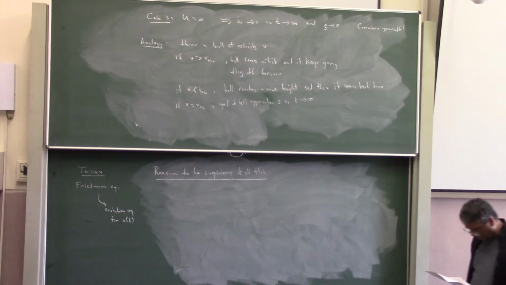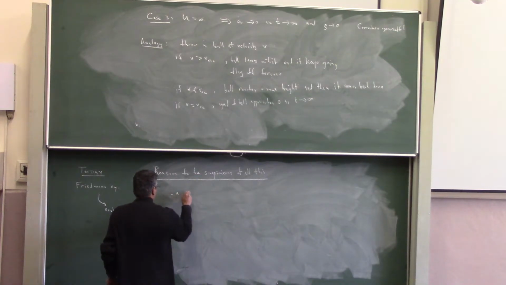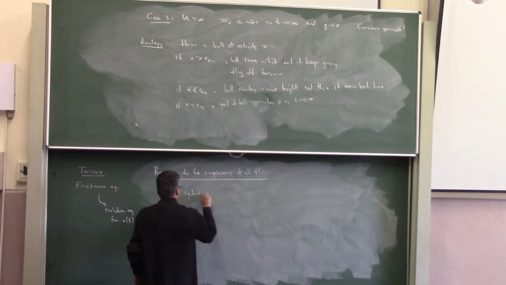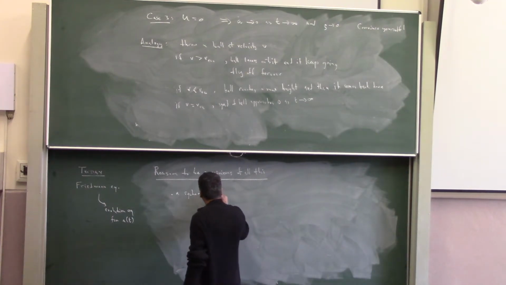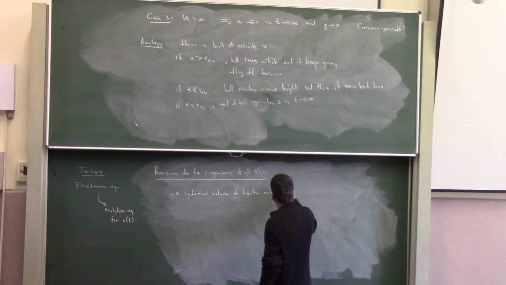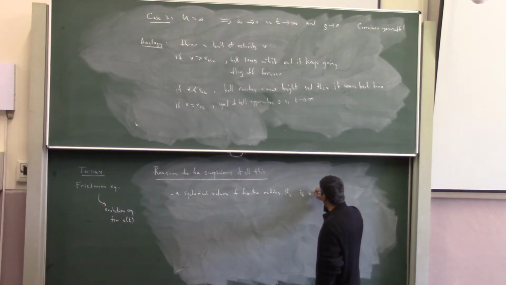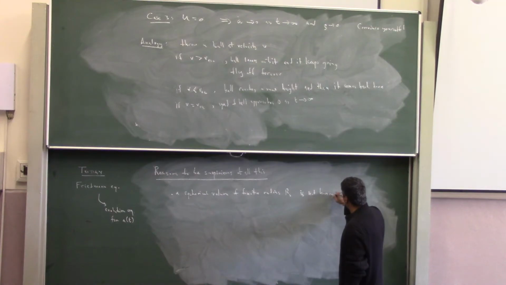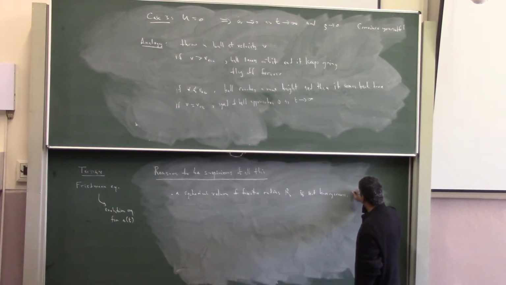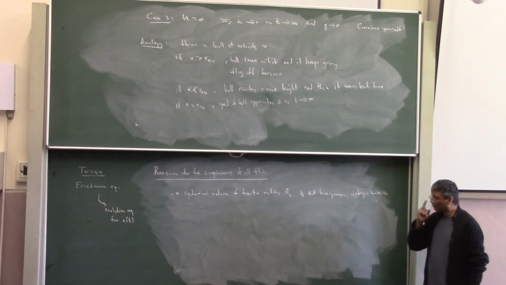Okay, first reason. A spherical volume of finite radius, Rs, is not a homogeneous isotropic universe.